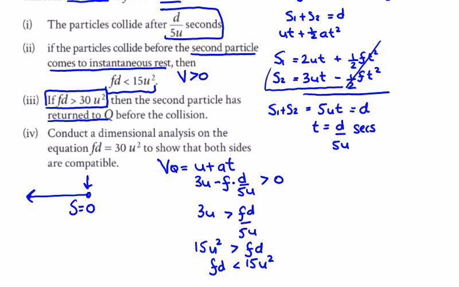It's this one here. So we can say 3ut minus a half F t squared will have to be equal to 0. They're looking for it as an inequality, so it could be less than or equal to 0.